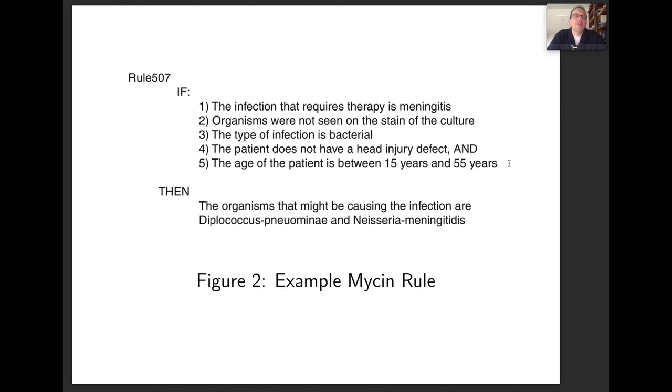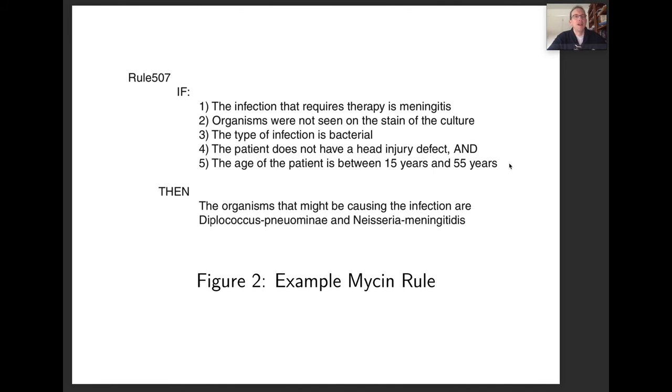So here's an example of one of the rules they came up with, and they started this process that's referred to as knowledge engineering, where you would bring in various experts, in this case infectious disease experts, and work with them about what are the conditions, the findings that you would be looking for that would be caused by different bacterial agents.